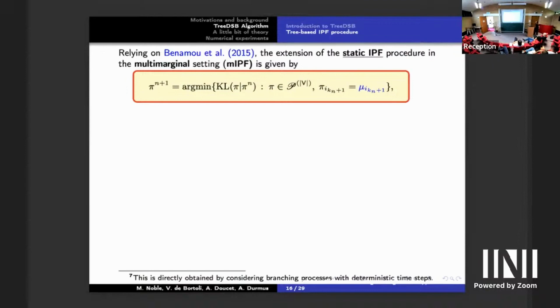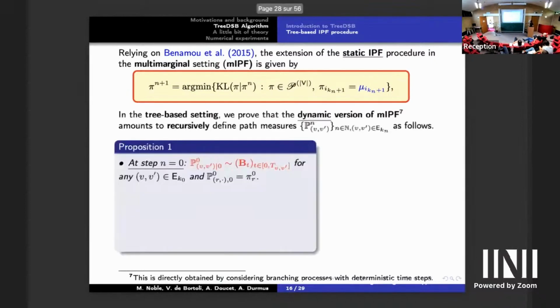So now I have this static formulation of the IPF, simply the extension from the two-marginal to the multiple marginal setting. So how can I solve this while still having in mind the dynamic version, since what we saw with the DSB, the algorithm from Valentin, is that you compute time reversal.